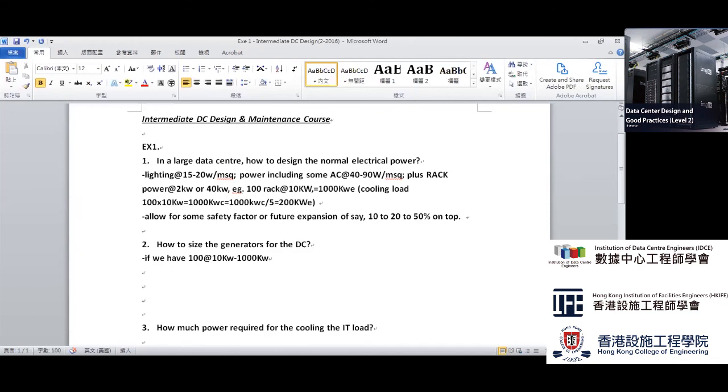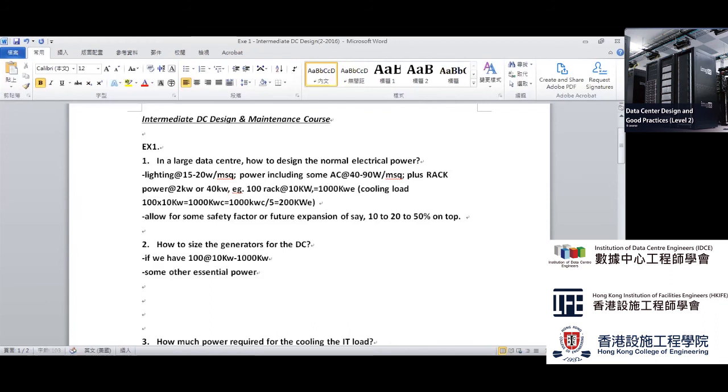And suppose you have some other essential power for the fire and security or lighting. For example, you may want to allow for another 10 to 20% on top, right?